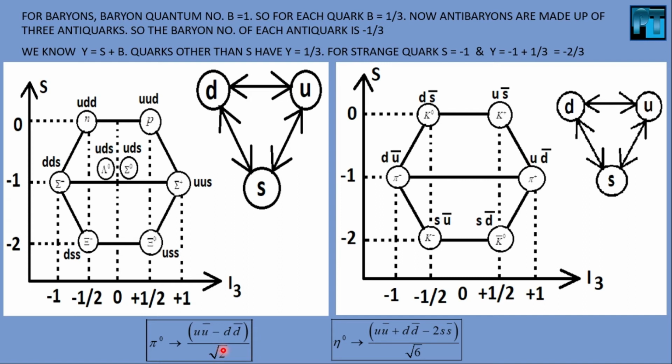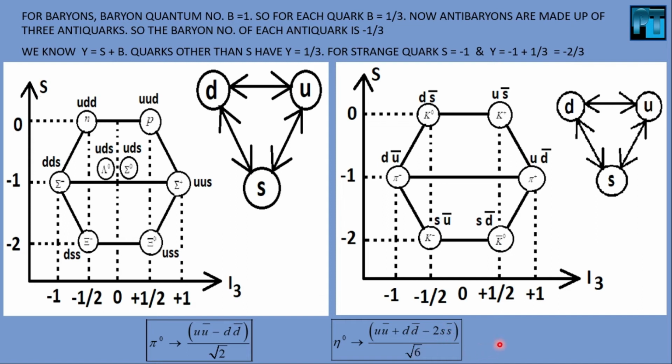It's way too complex for your syllabus. So pi naught equals u u bar minus d d bar by root 2, and eta naught equals u u bar plus d d bar minus 2 s s bar by root 6.